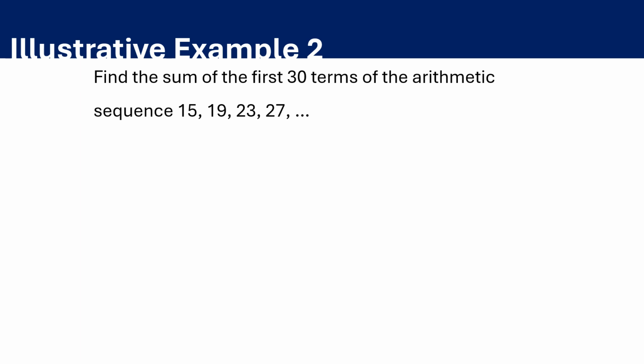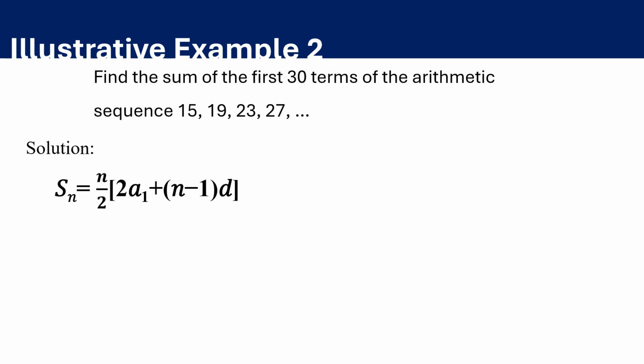Since the last term is not given, we're going to use the second formula. That would be n over 2 times the quantity 2 times a sub 1 plus n minus 1 times d. Everything here is already given.